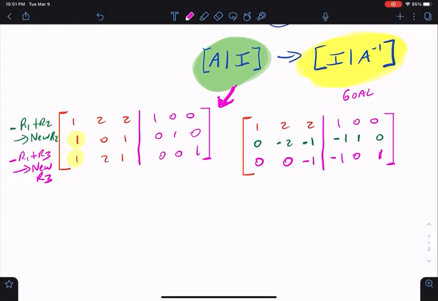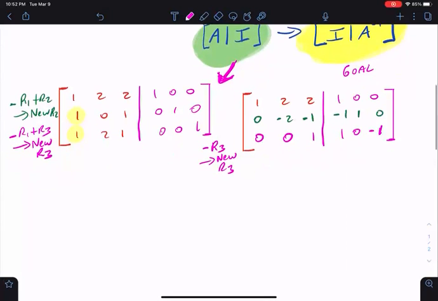Now you can divide row 3 or multiply row 3 by negative 1. So negative 1 times row 3 gives you new row 3. So let's get rid of all these negatives, right? So this is going to be positive now. This is going to be positive now, and this is going to be negative now, right? That's all I have to do. Now, next step.